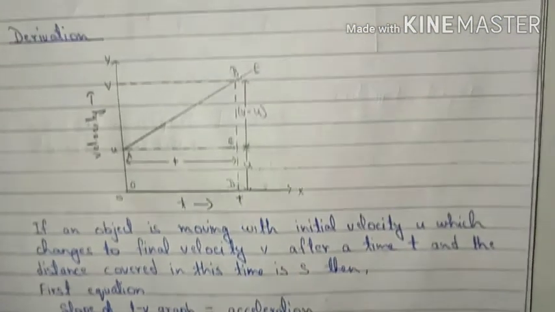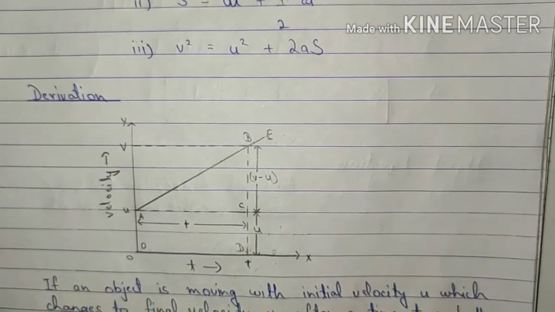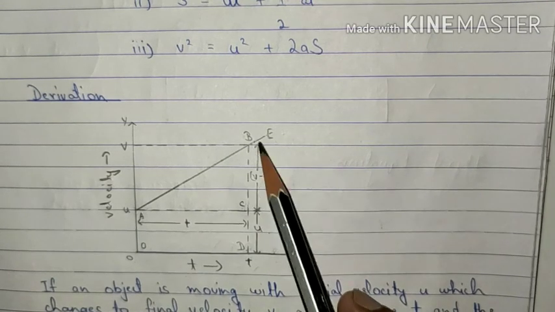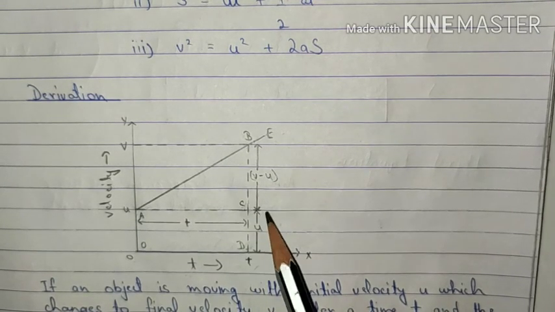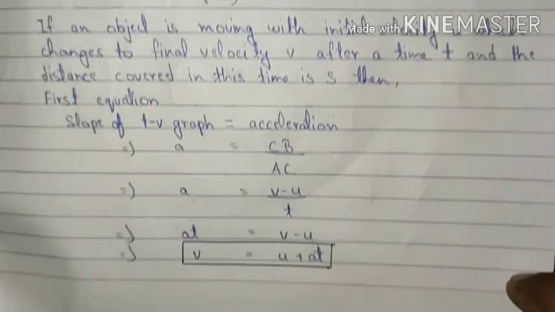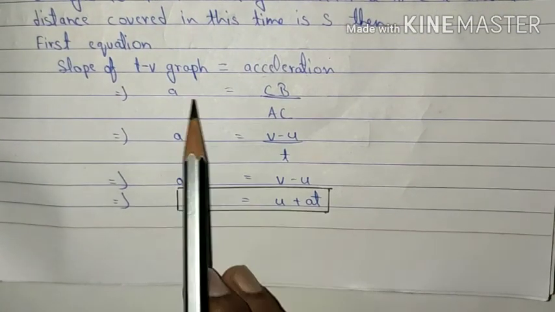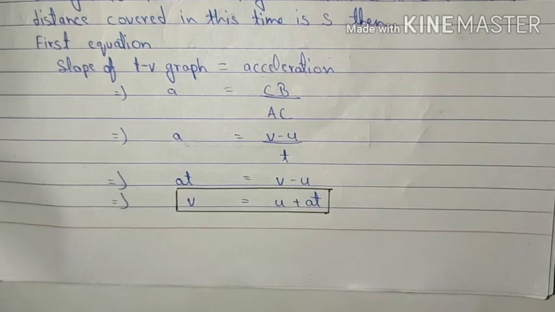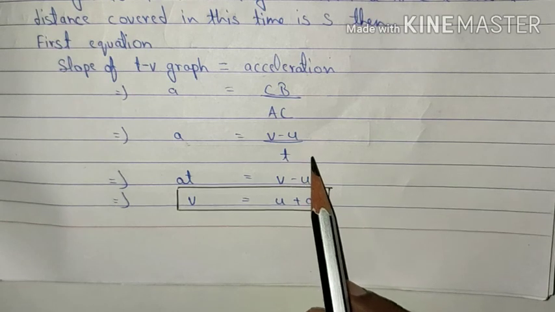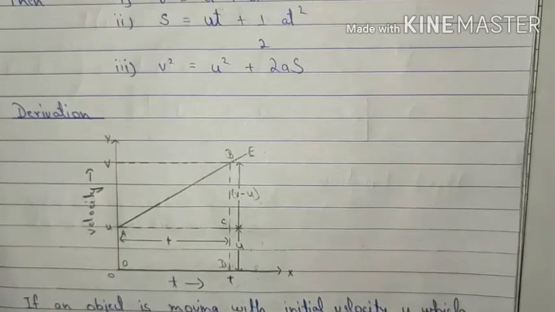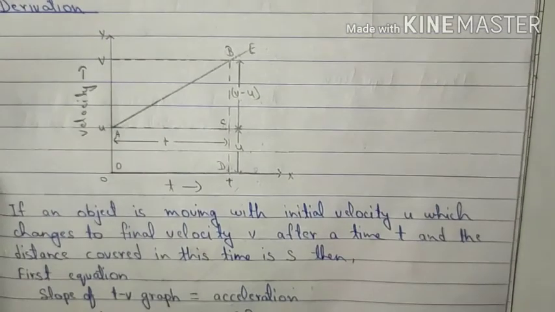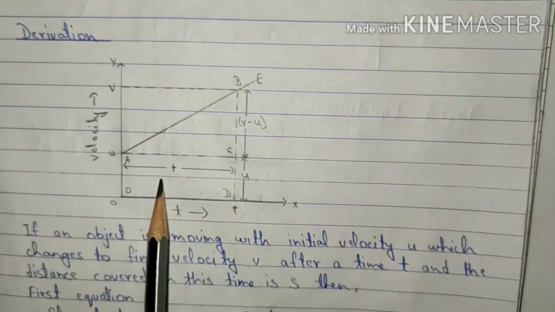You can observe over here, for triangle ABC, CB represents the perpendicular whereas AC represents the base. Since slope is tan theta, we can write a is equal to CB upon AC, which can also be written as v minus u upon t, since CB is equal to v minus u and AC is equal to t.